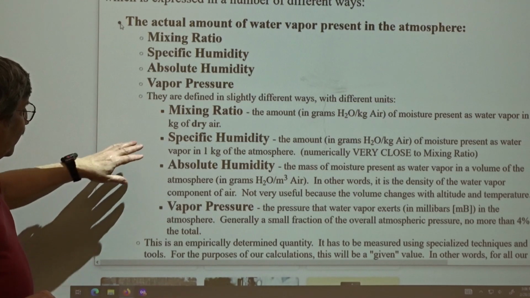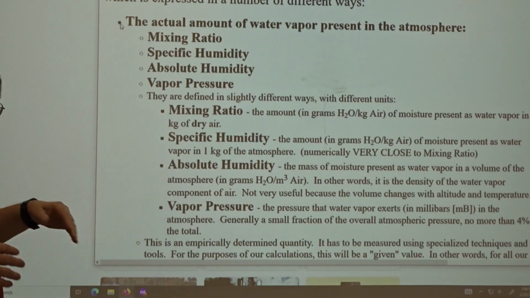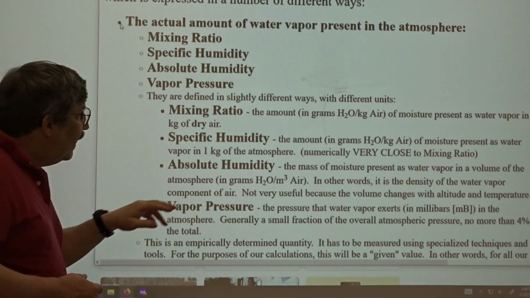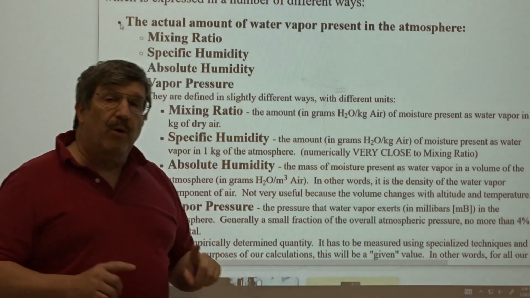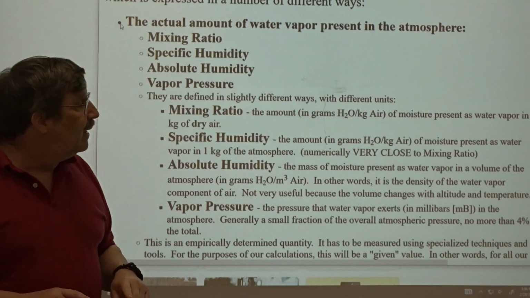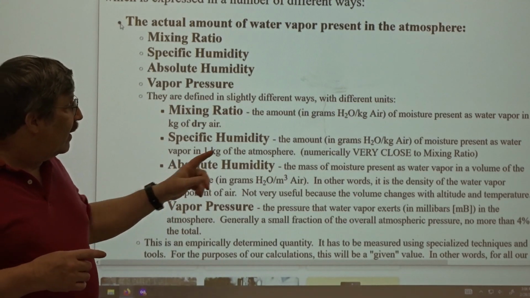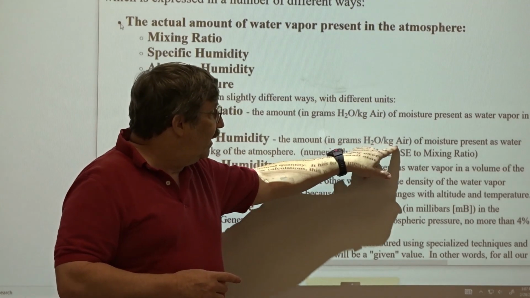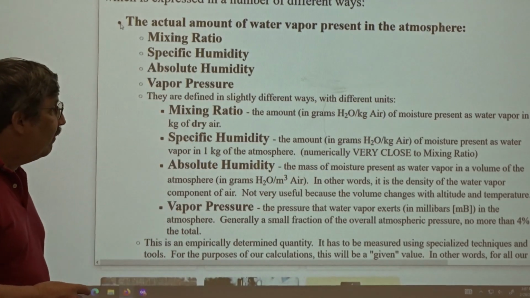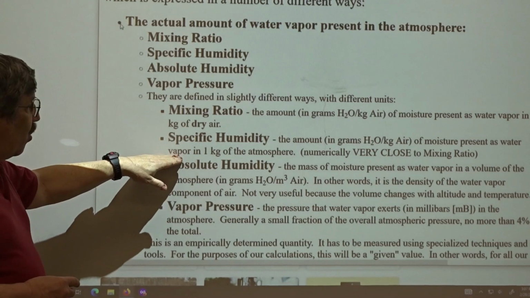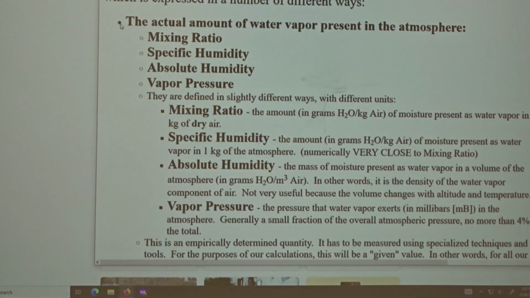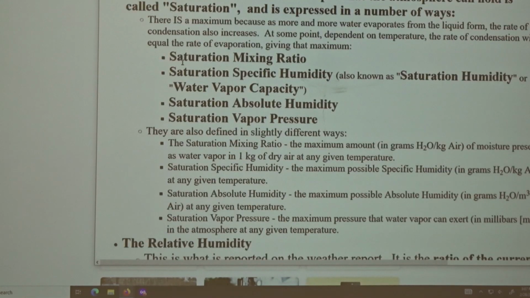So the specific humidity, which is what we're going to use in this video, is the amount of water vapor, and remember, water vapor is gas, the amount of water vapor in grams of water per kilogram of air. And again, it's present as water vapor. Now, there is a maximum amount of water vapor that's possible to have in the atmosphere, and that is called saturation.